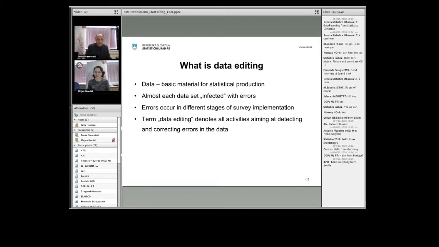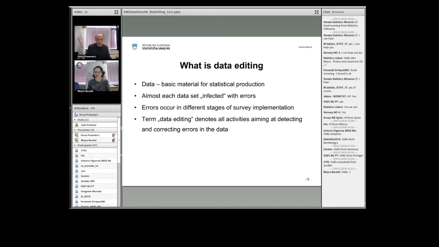Errors occur in different stages of survey implementation. We can say that in general, I could make three groups of stages where errors occur. The first group is the stage where the selection of observational units is done. This mostly refers to sampling errors or coverage errors.